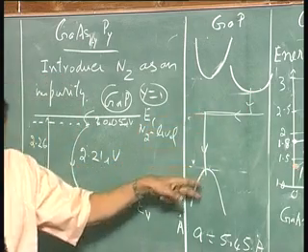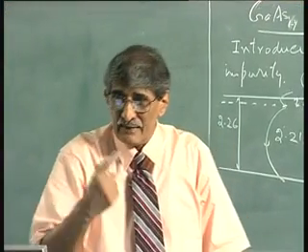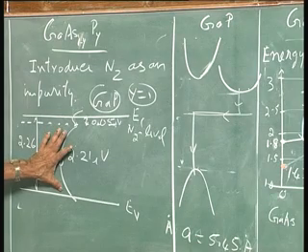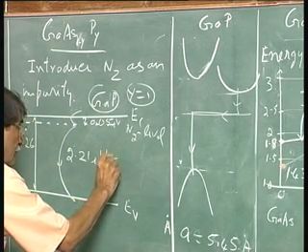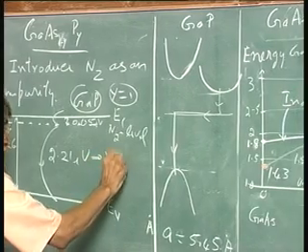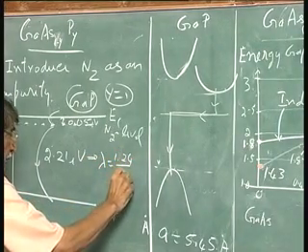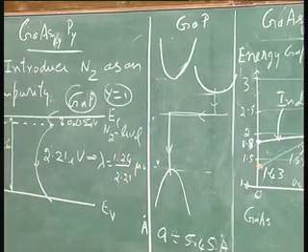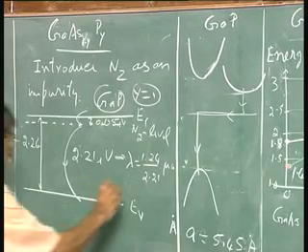In the second step, the energy is conserved by emitting light, and that wavelength corresponds to 2.21 electron volts. This gives you lambda equal to 1.24 divided by 2.21 micron, and that turns out to be 0.56 micron.